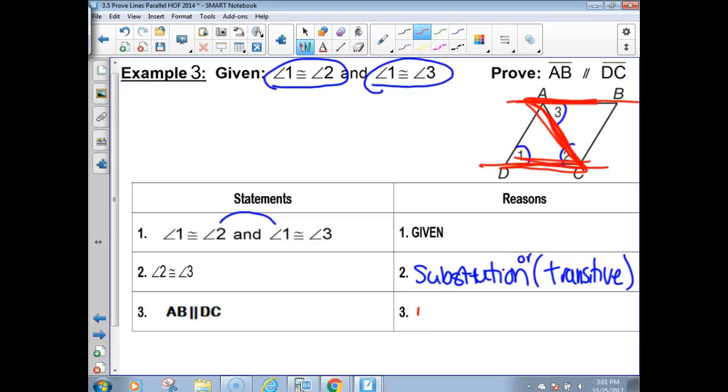Alternate interior angles congruent, then you get parallel lines, which is the converse of the alternate interior angles theorem. Feel okay so far? I hope so. Does anybody still need this?